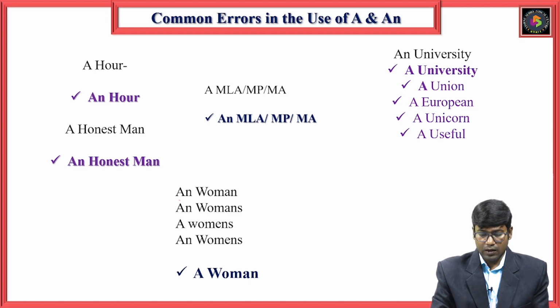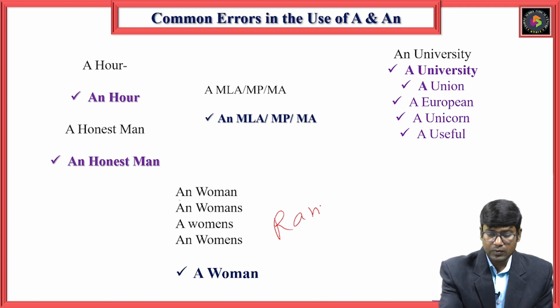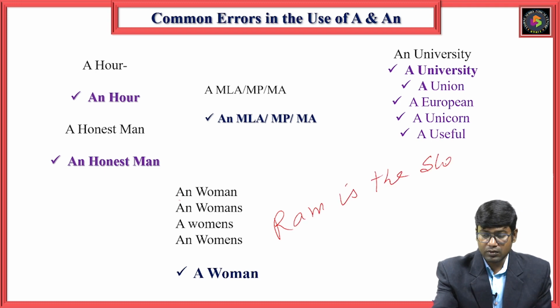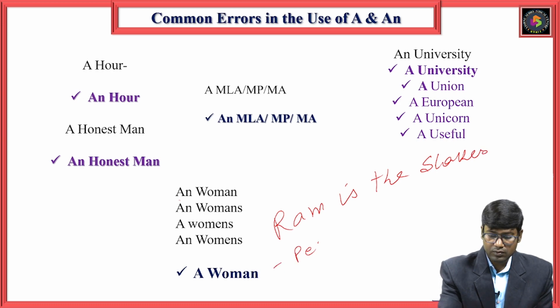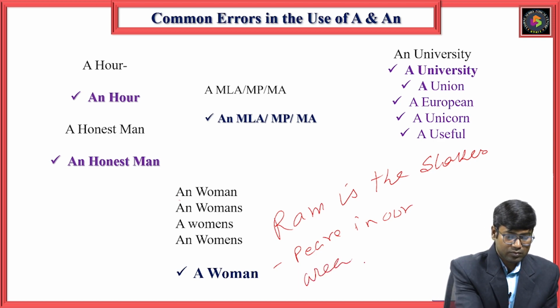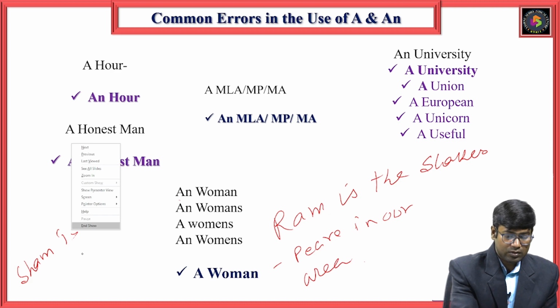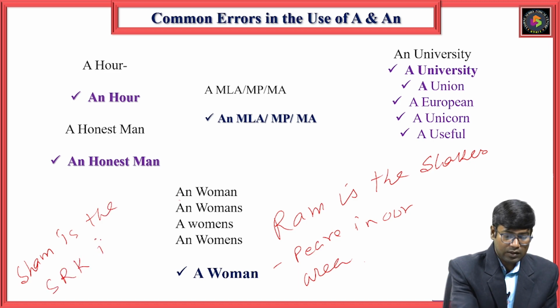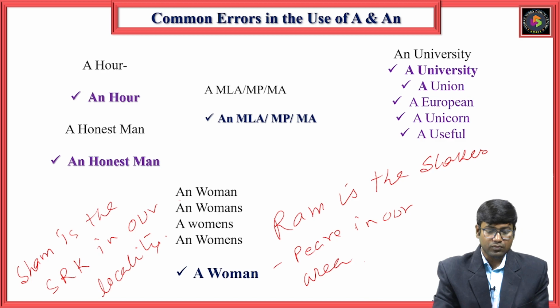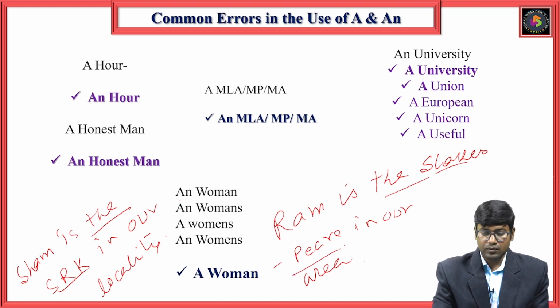So if we say that Ram is the Shakespeare in our area, or Sam is the SRK in our locality, here you can see the SRK, Shahrukh Khan, and the Shakespeare, those are the two examples.